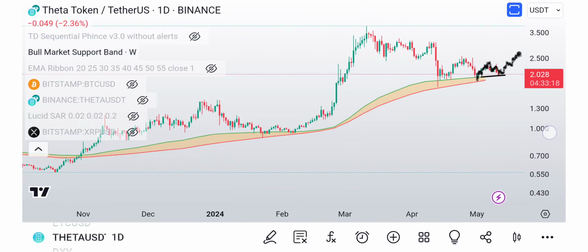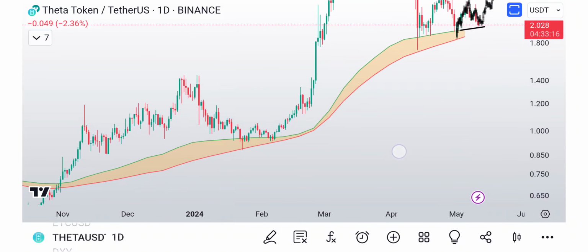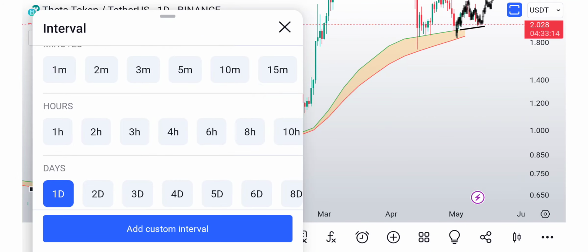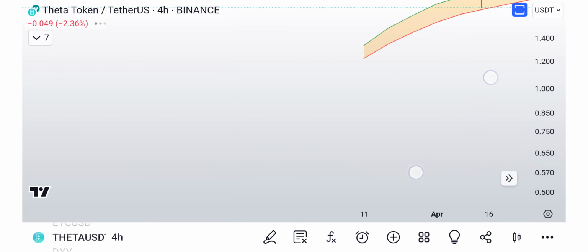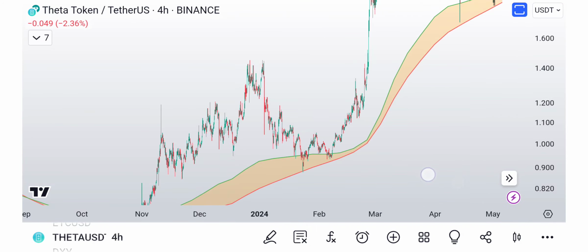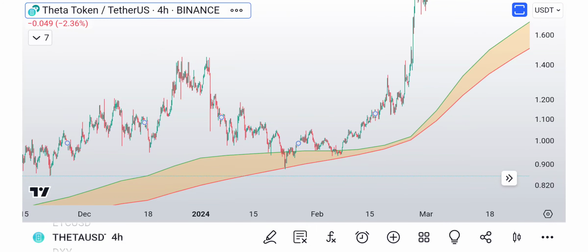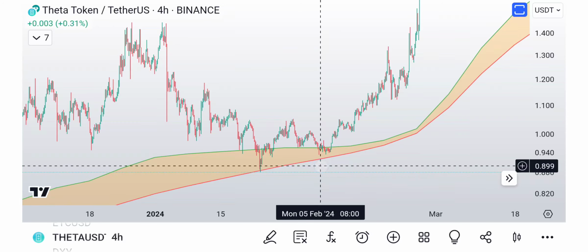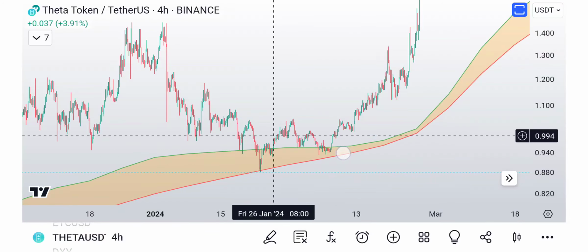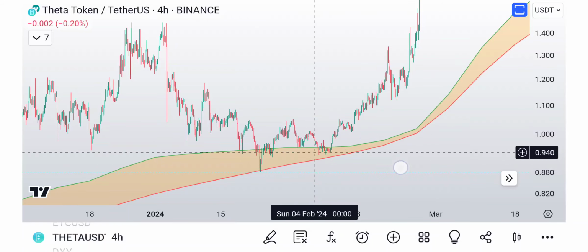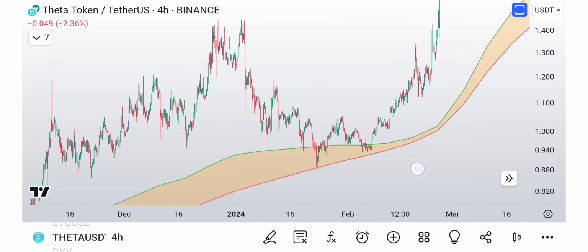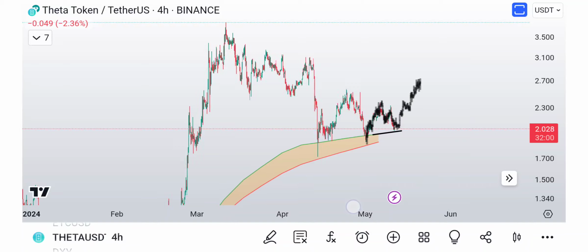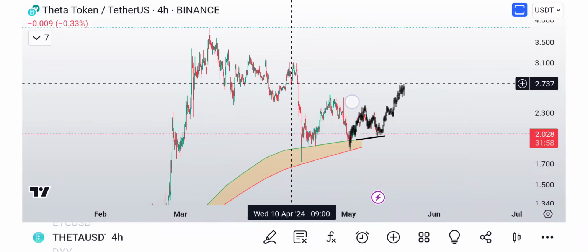So where this fractal came from, let me zoom back in so I can see it, is that second wave that retested the bull market support band. So when you look at over here, it is the second wave.